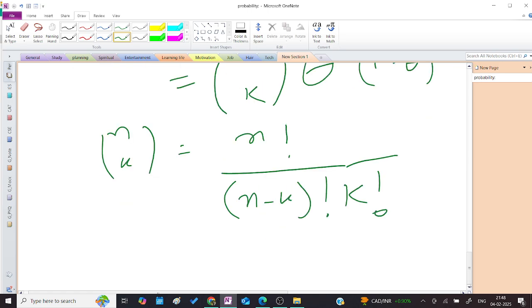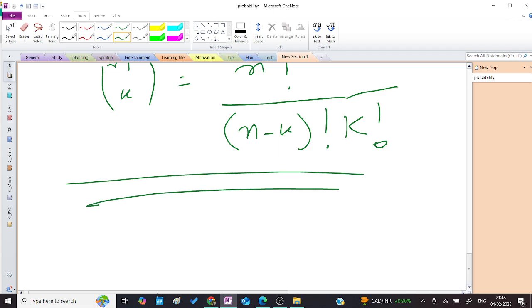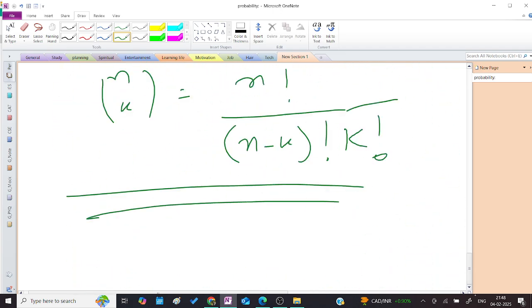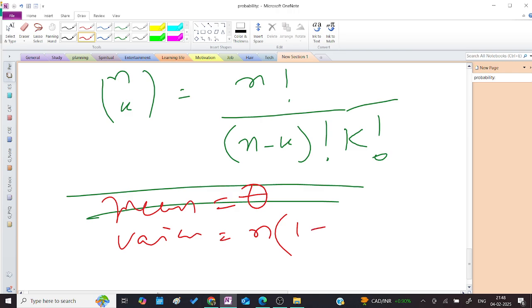Okay, the mean will be n theta, and the variance will be n times theta times (1 minus theta).